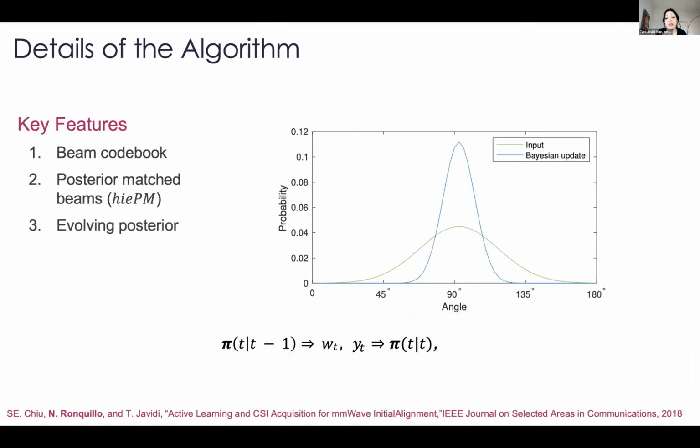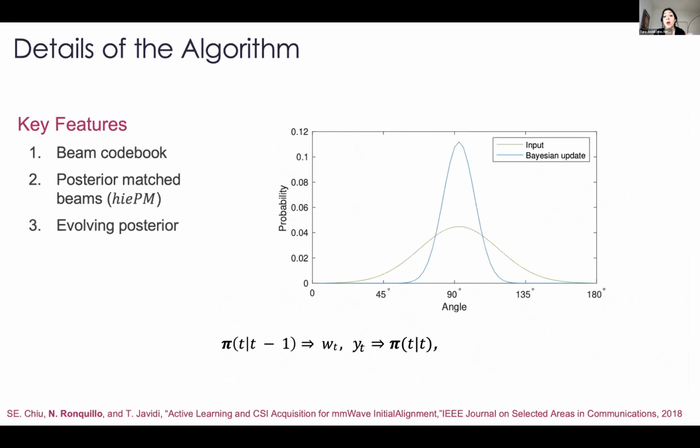Now, the next piece is really evolving the posterior. Every time you make a measurement, given the SNR that you're measuring, it gives you a confirmation of whether you are covering the transmitter or not.